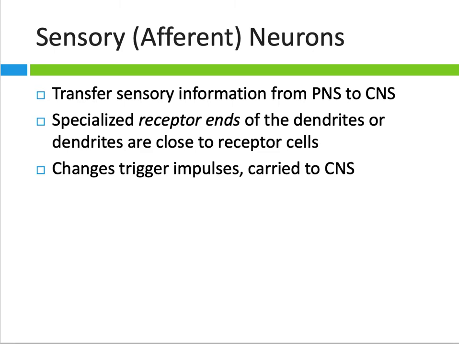It just depends on the location within the body and what kind of information they're collecting. These changes in whatever they're measuring, whether it's sight or touch or pain or temperature or blood sugar, are going to trigger impulses to be carried along the afferent neurons to the central nervous system, again, the brain or the spinal cord.